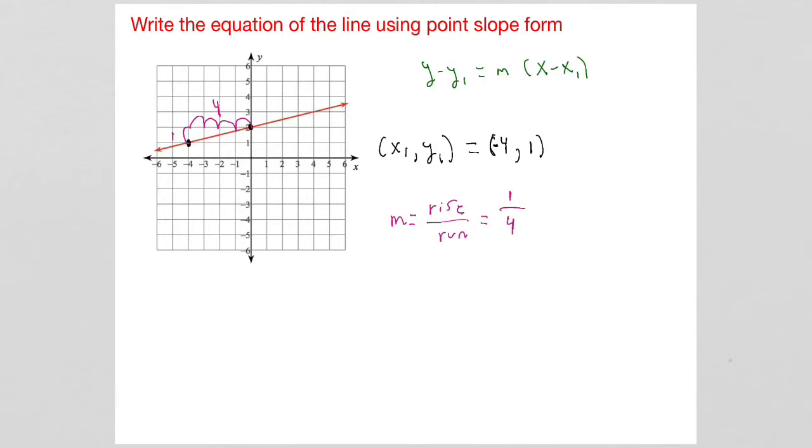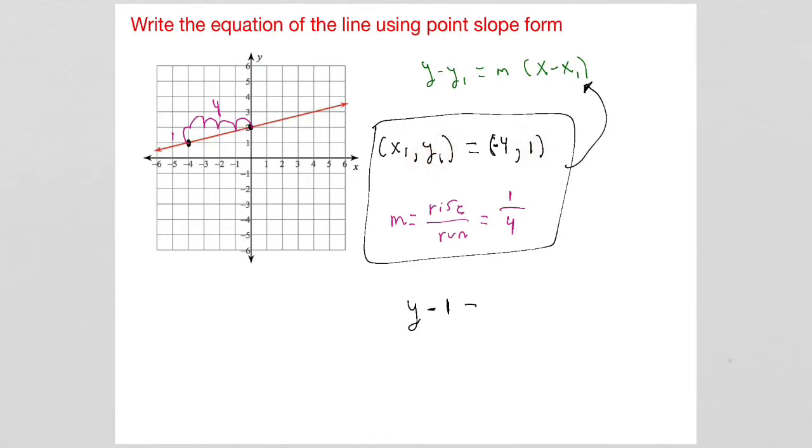And now we can plug everything in. So we have this information that we're going to plug into this equation. So we have y minus y1. So here y1 is the same thing as positive 1. Equals m.